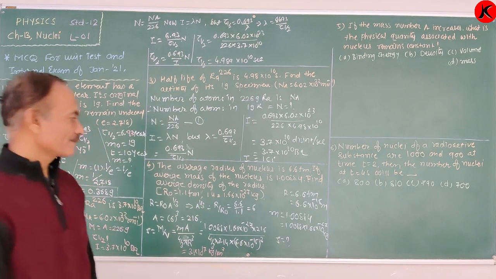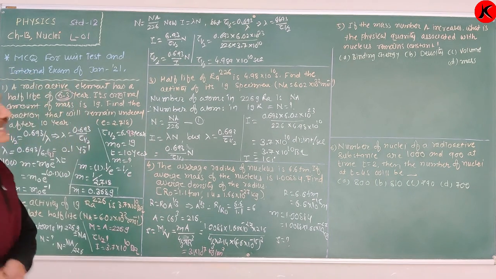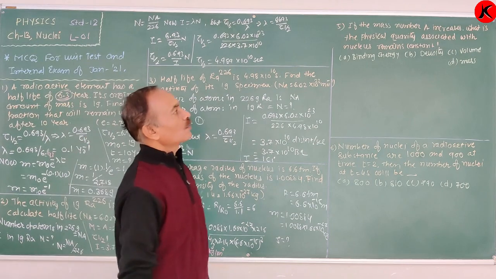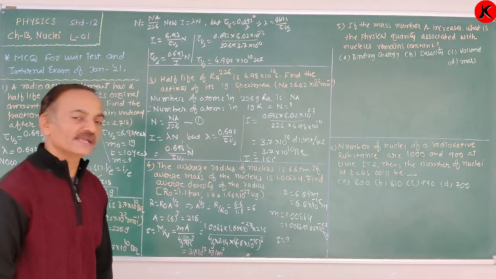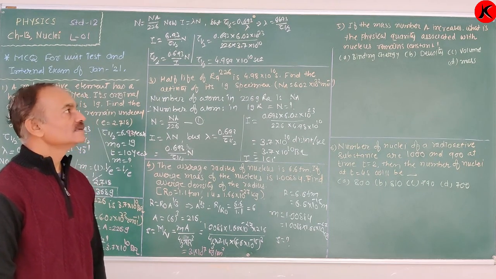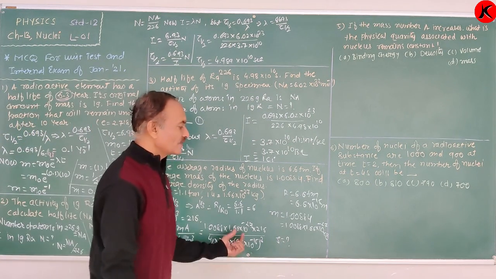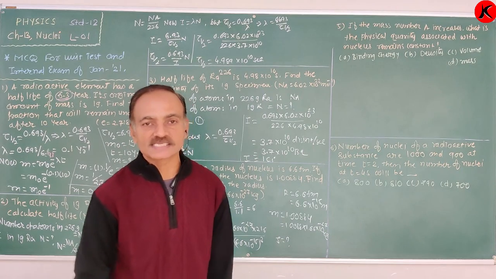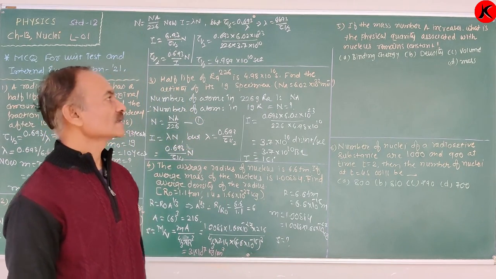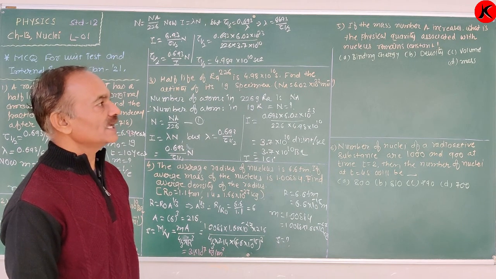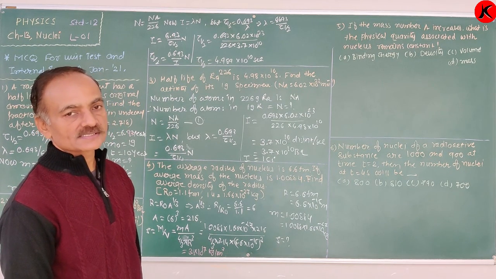Right? Now next, if the mass number A increases, what physical quantity associated with the nucleus remains constant? Mass number increasing means the number of nuclei in a given substance increases. So which of the quantities remains constant: binding energy, density, volume, or the mass?